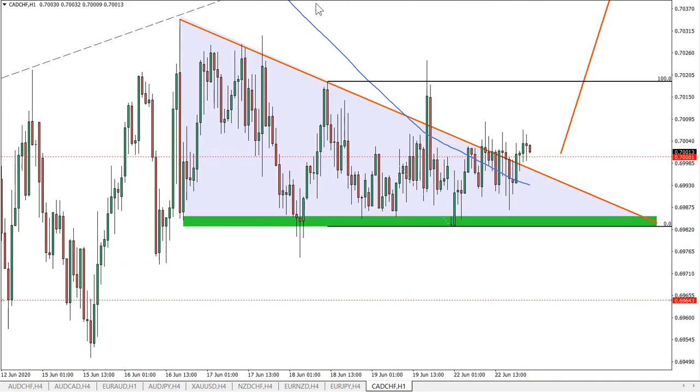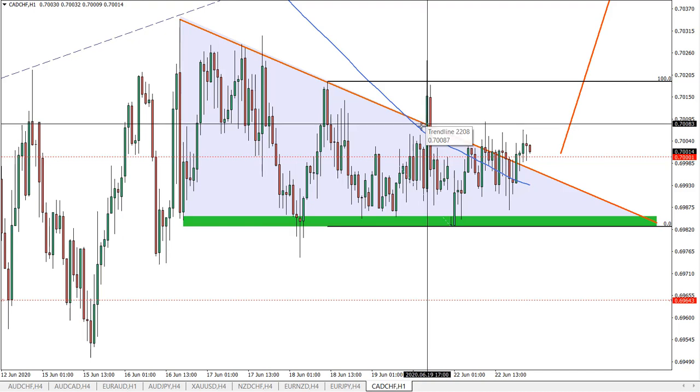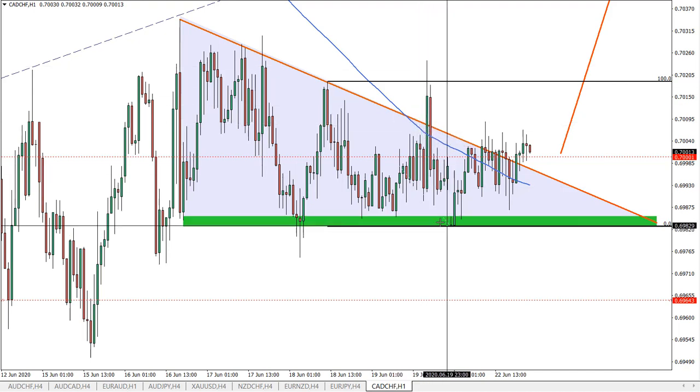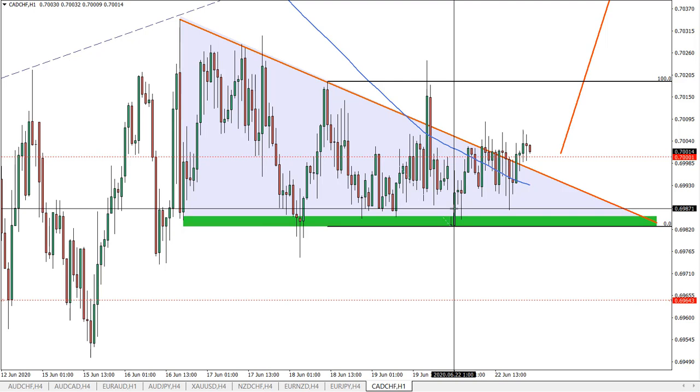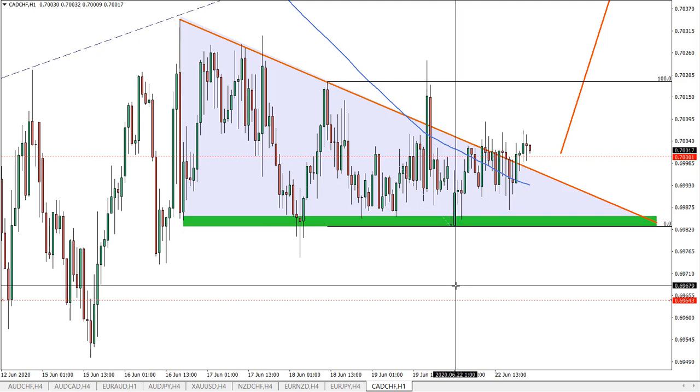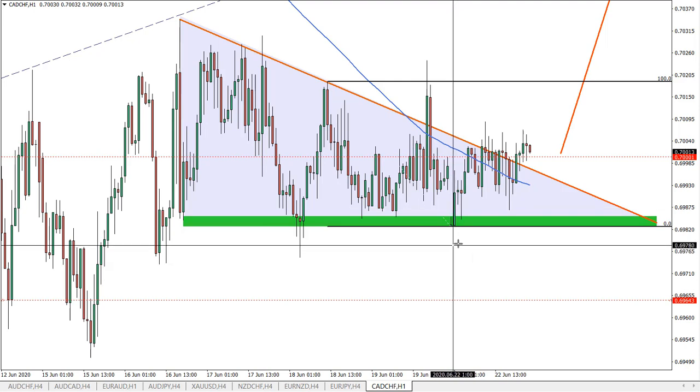If we go to the 1-hour chart, we can see the breakout of the triangle pattern, and then price went down to retest this support. As we have mentioned already today, the price produced on Monday, lows or highs, should be the bottom of multiple pairs.